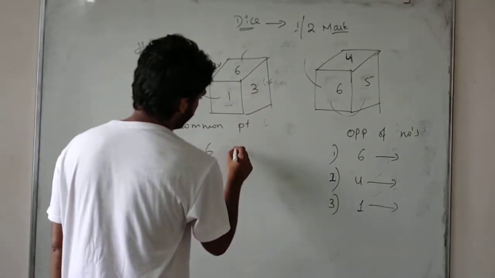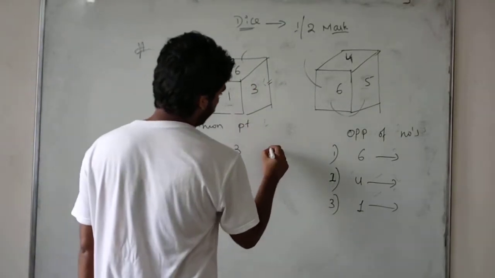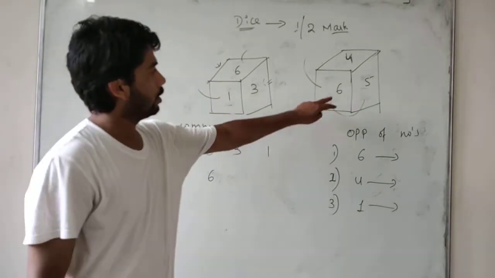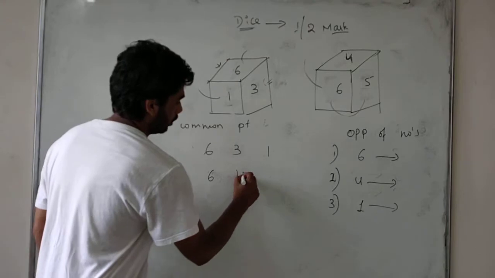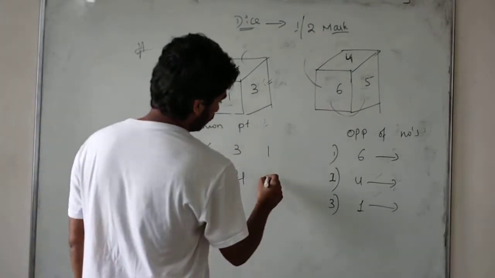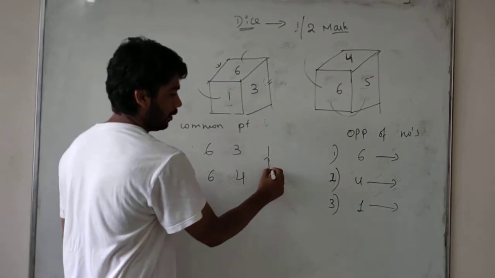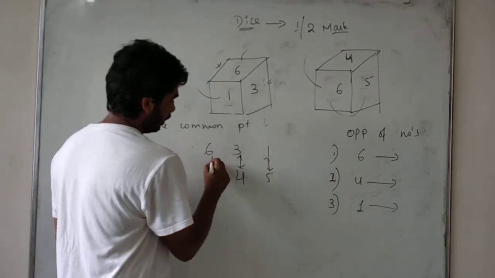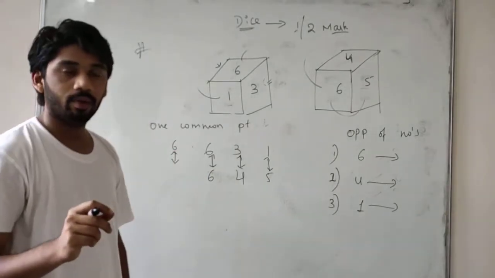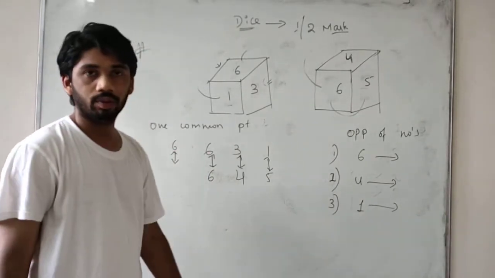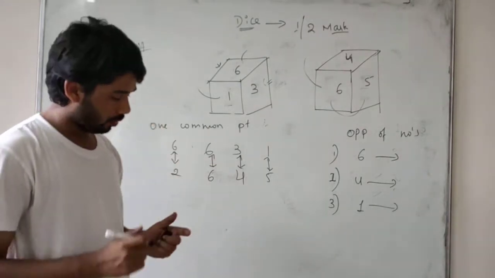Clockwise direction means 6 afterwards will come 3. Next clockwise direction again it will come 1. So yes, 6 afterwards clockwise direction will be 4. 4 afterwards 5. Now the opposite of 1 is 5. The opposite of 3 is 4. For 6, whichever number we have left out, that number we take as the opposite of it. So the opposite of 6 is 2. So in this way you have to solve it.